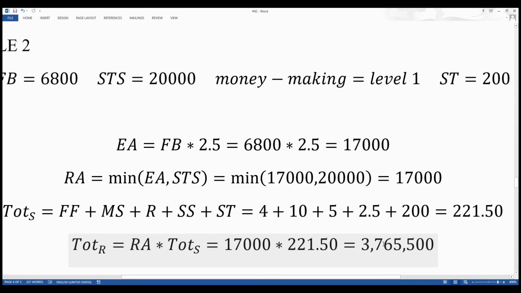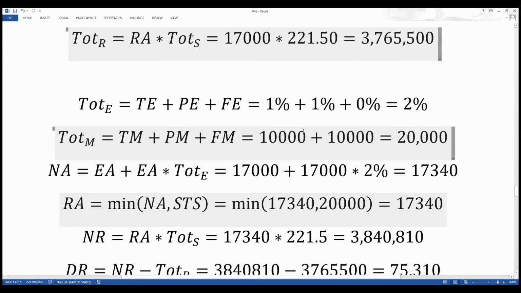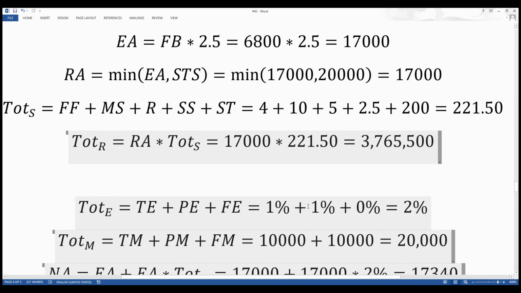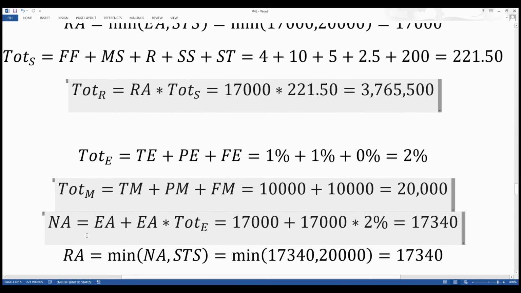3,765,500. Now we consider the effect of the indirect money making facilities, which is like before 1%, 1%, 2%. The maintenance, the same, 20,000. And the new expected attendance, the same, 17,340.